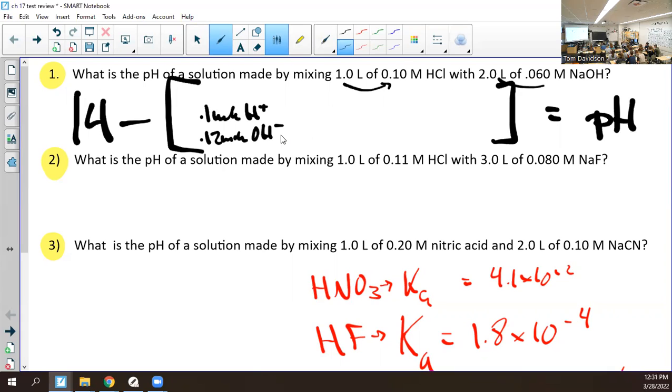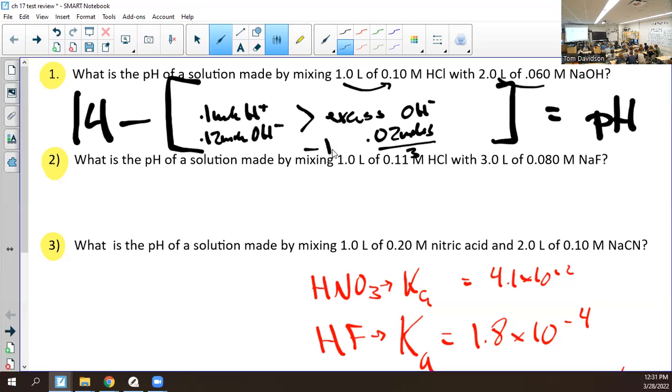So this is a neutralization reaction, not a buffered reaction. So we end up with which one being in excess? All right, excess OH minus, and it is 0.02 moles. But I must do what to this? Not yet. Divide it by 3.